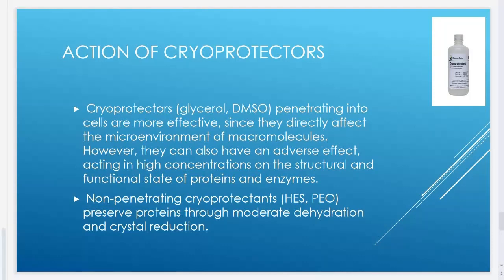However, in high concentration they can also have an adverse effect on the structure and functional state of proteins and enzymes. Non-penetrating cryoprotectants, for example starch or polyethylene oxide, preserve proteins through moderate dehydration and crystal reduction.